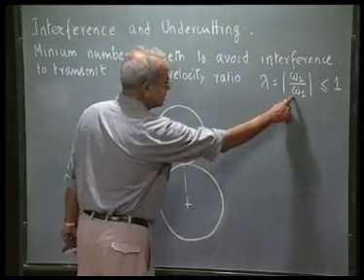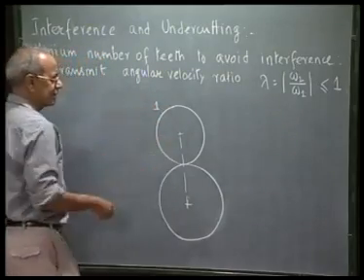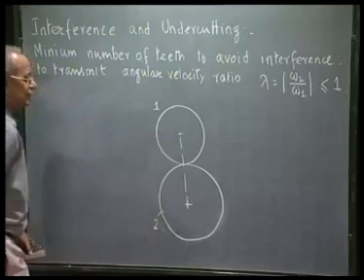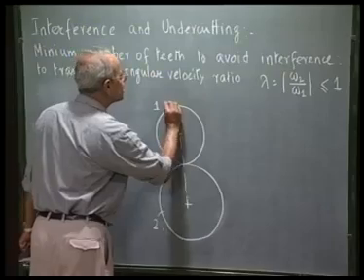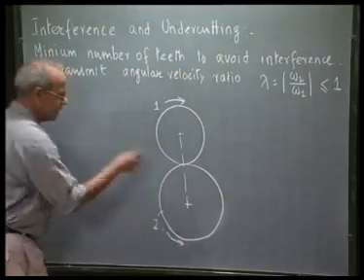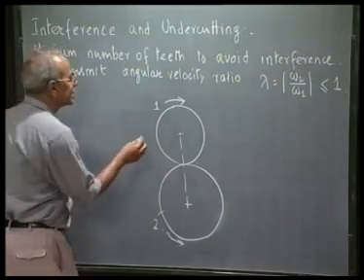Omega 1 is the higher speed, so this is gear 1 which rotates at a faster speed, and this is gear 2 which is rotating at a slower speed. Suppose this gear is rotating this way and this gear is rotating this way. These are the pitch circles. Now let me draw the two base circles.